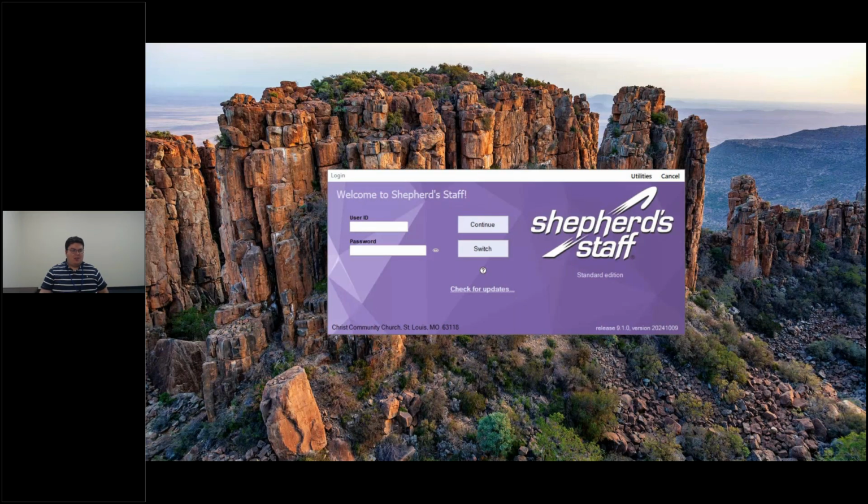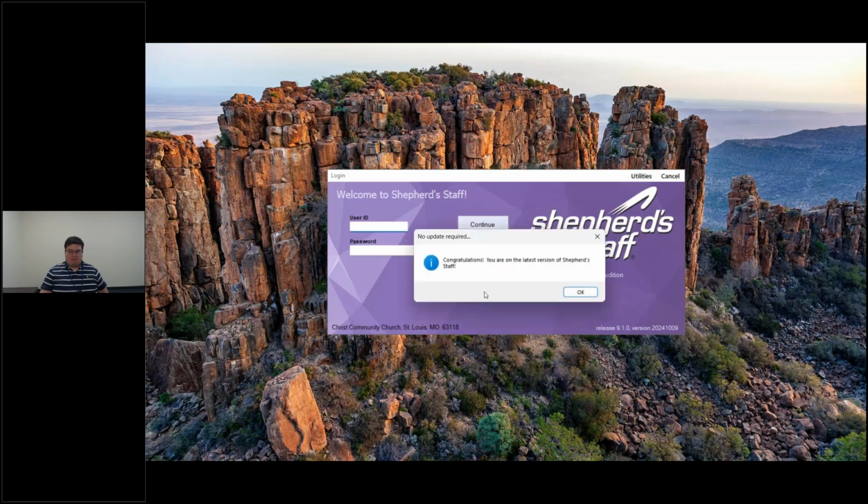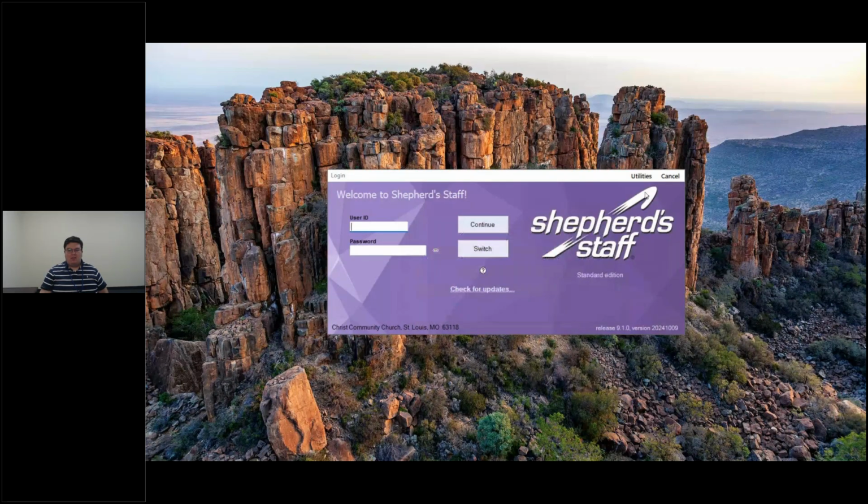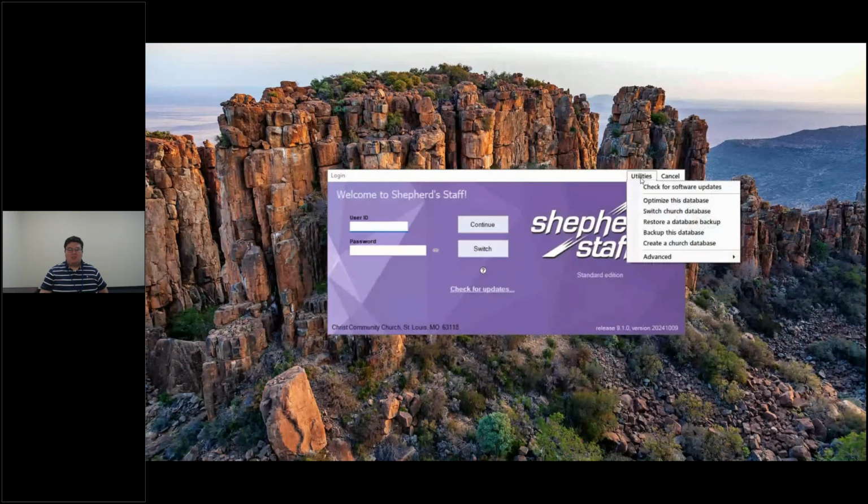Users can update their software using the update utility if they are registered and supported. Users do not have to wait till after the year end to update. To do that, you can either click check for updates right here, and as you see, it says congratulations, you're on the latest version of Shepherd Staff. Or you can go up to utilities here in the upper right and say check for updates there.